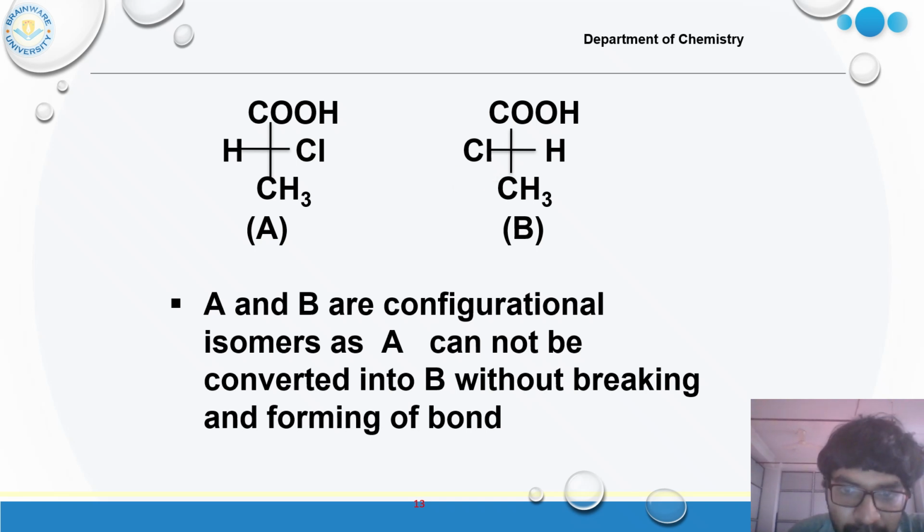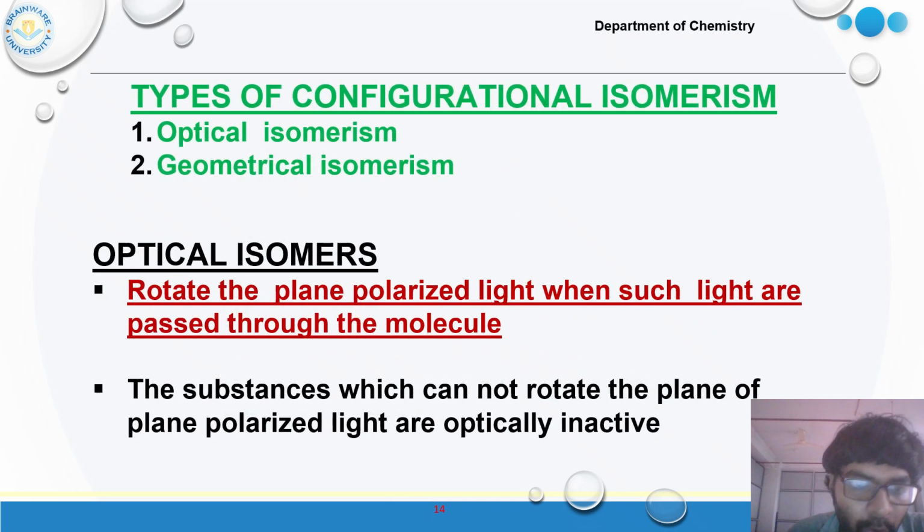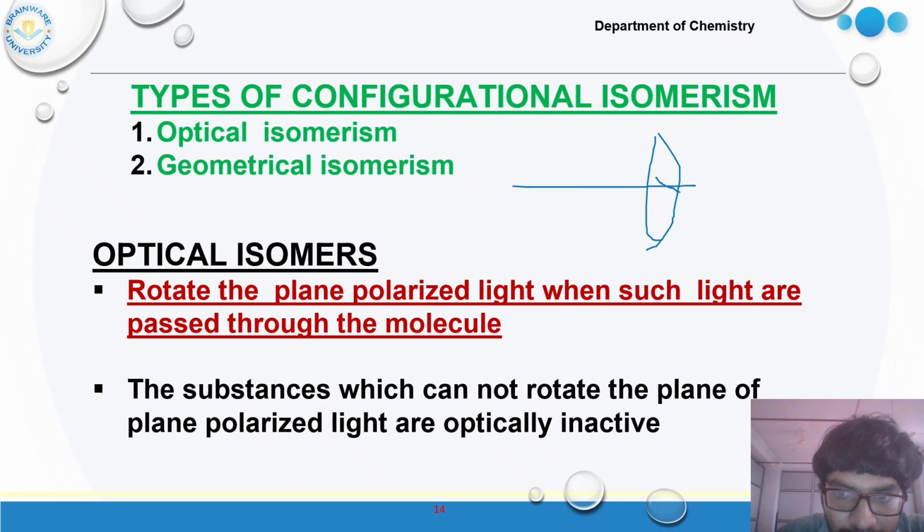Now we are proceeding to optical isomers. So just look at this. This is the molecule. Light is passed to the molecule. Then the molecule rotates the light towards what? Left or right. Then the molecule is known as optically active.